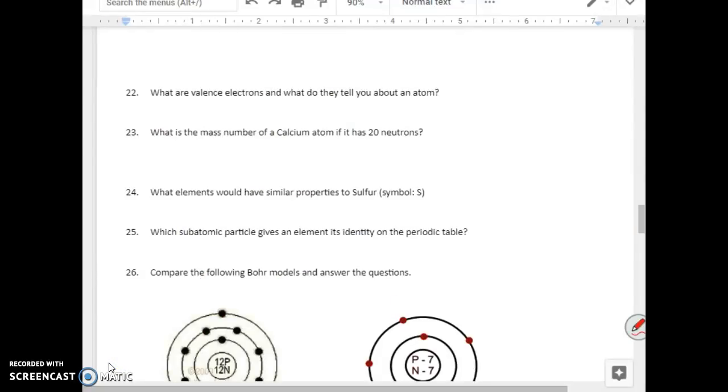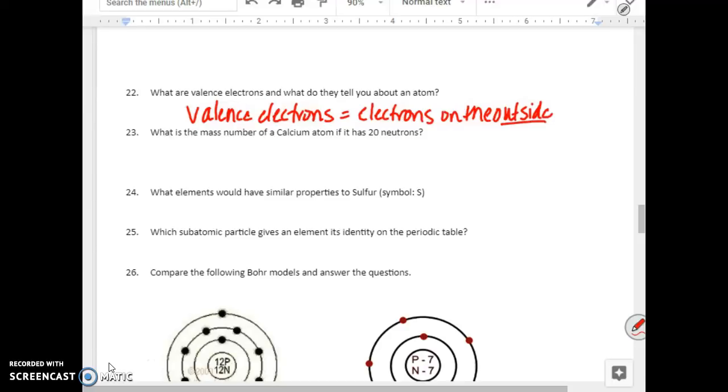Okay, number 22. What are valence electrons and what do they tell you about an atom? The valence electrons are the electrons on the outside, the outer shell, on the last ring with electrons in the atom.